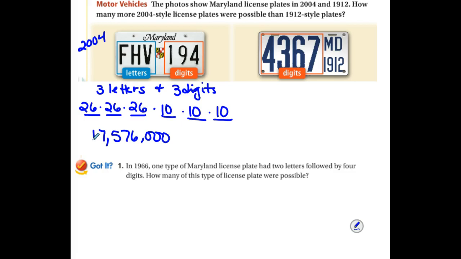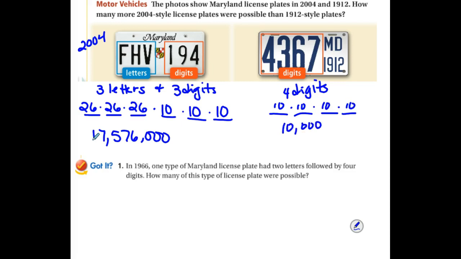Now, if we look at the one from 1912, there are no letters being used. They're all digits. How many positions do we have? In each case, we have how many options? What's 10 times 10 times 10 times 10?